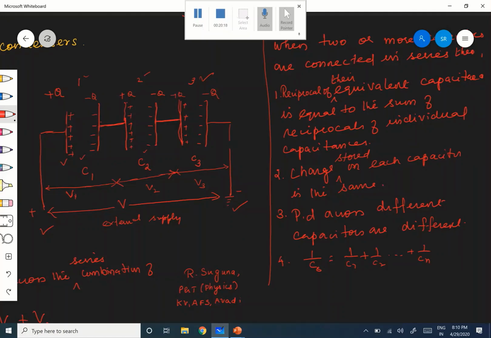Therefore, their equivalent capacitance is less than the least capacitance in the combination.